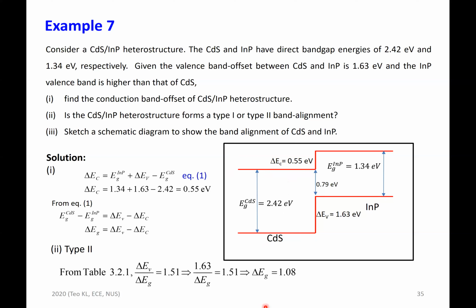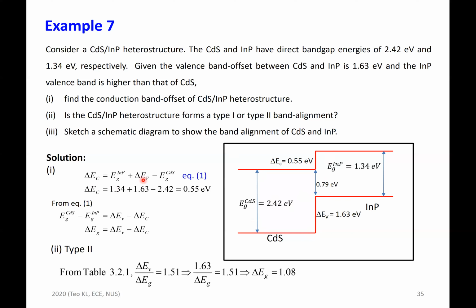This delta EC is basically the band gap of indium phosphide plus the valence band offset, so this value plus this value, minus the cadmium sulfide band gap. That will give you the conduction band offset.